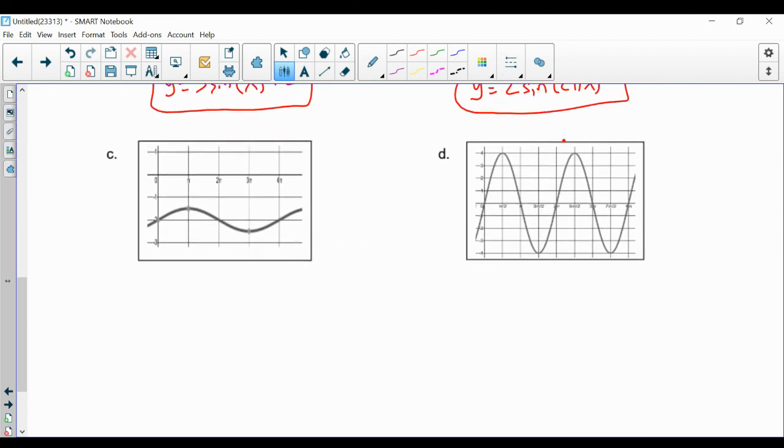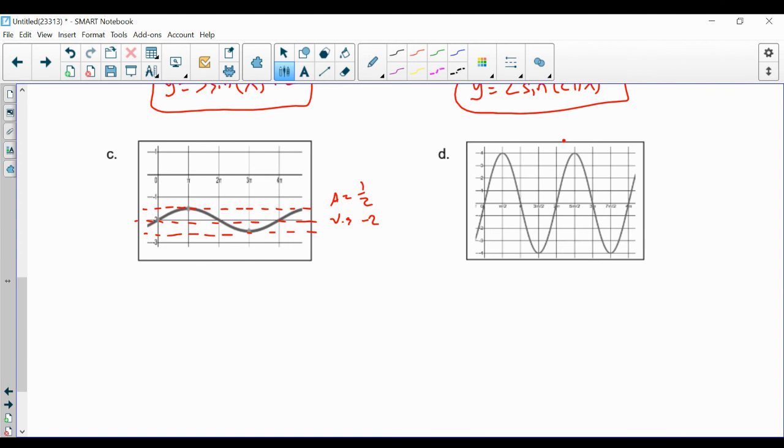The next one, second to last one here. So for this one, again, I go, hey, there's my max, there's my min. So that's my center. So vertical shift is down 2. My amplitude is 1/2. We're going to assume that's 1/2. It's pretty close.